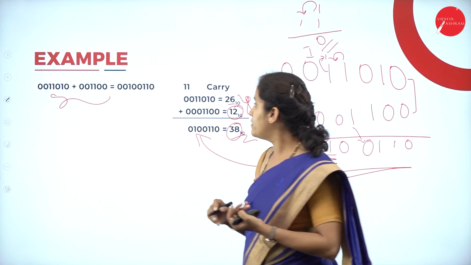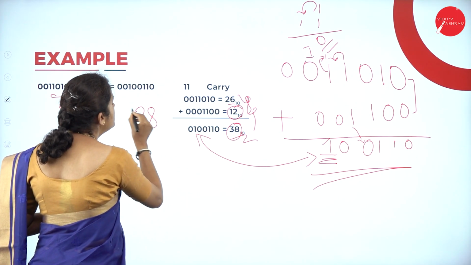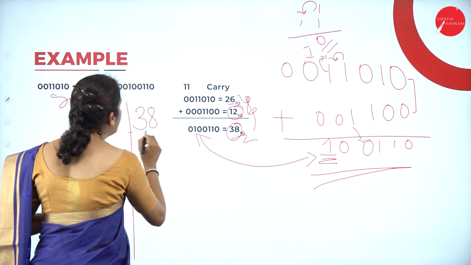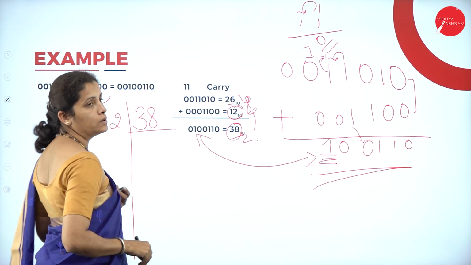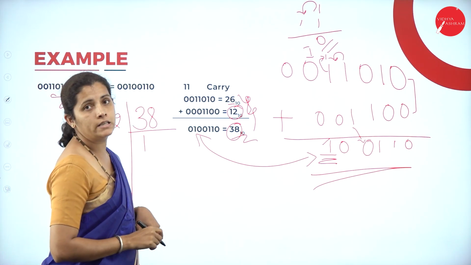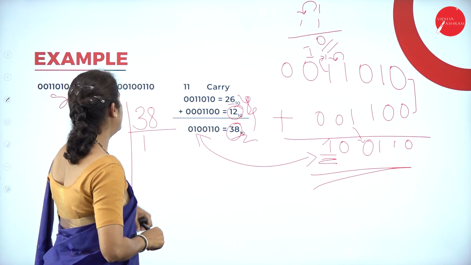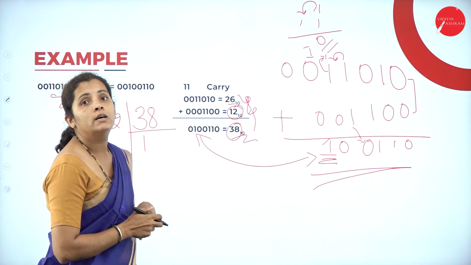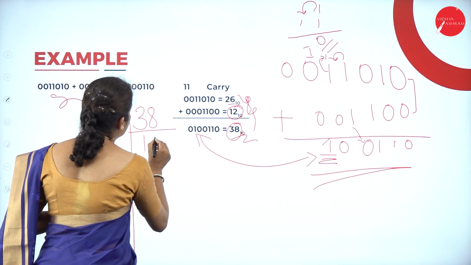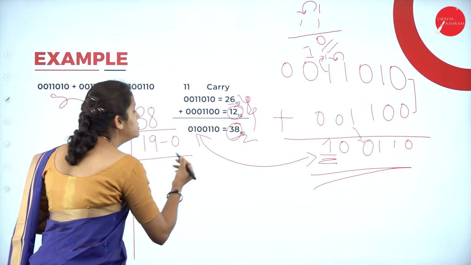To cross verify, I'm going to divide this number, 38, by 2. 2 nineteens are 38, so the remainder is 0.